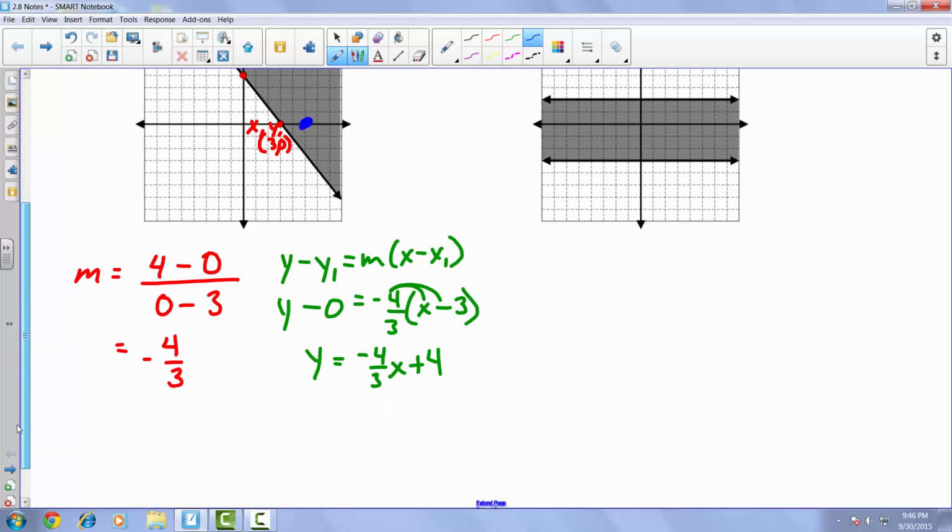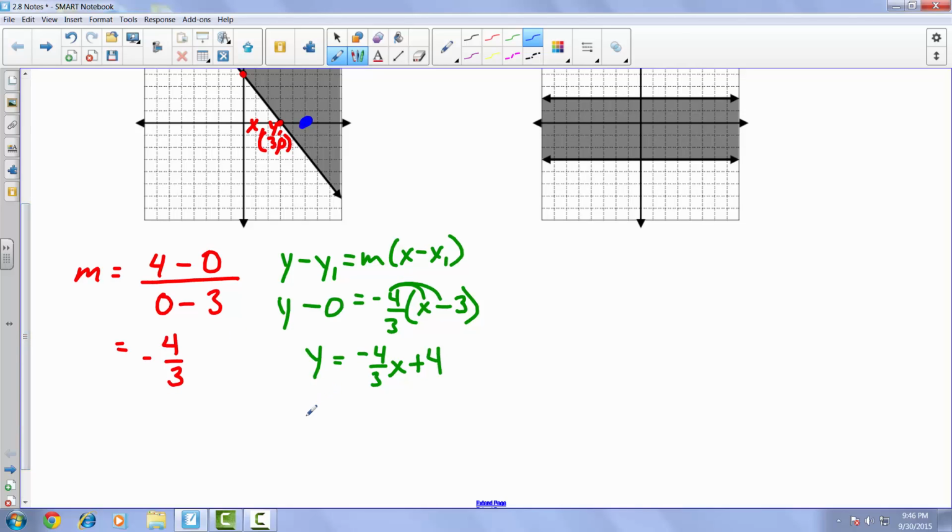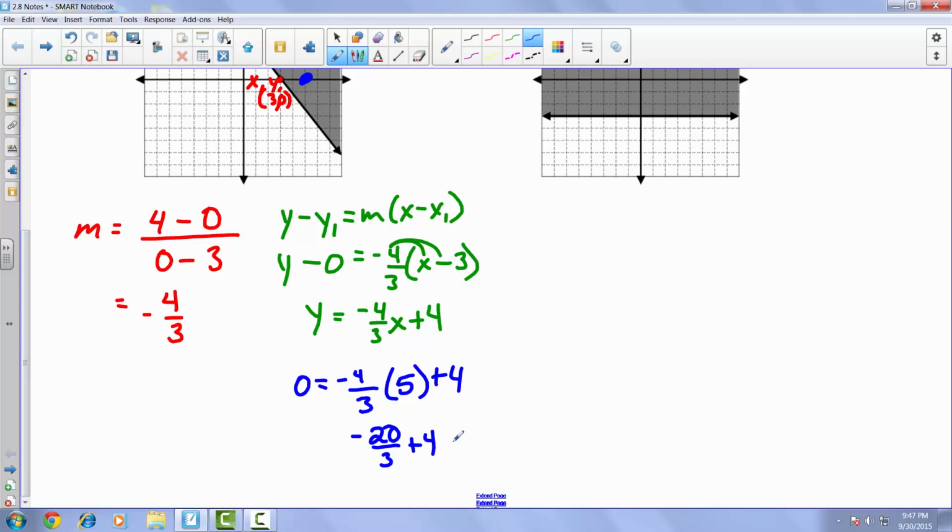So if we throw (5, 0) in here, we would end up with 0 is equal to negative 4/3 times 5 plus 4. Well, this would come out to be negative 20 over 3 plus 4, which simplifies to, this would be 12 over 3, and so you'd end up with negative 8 over 3.